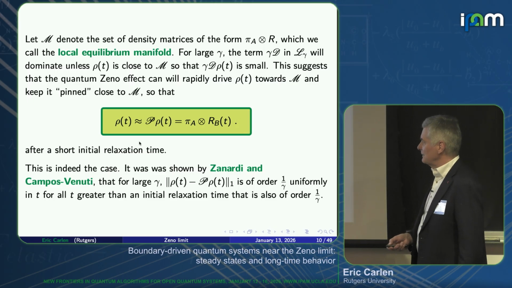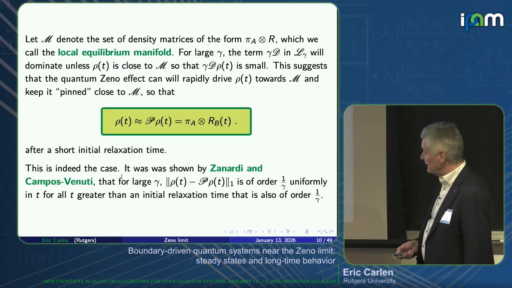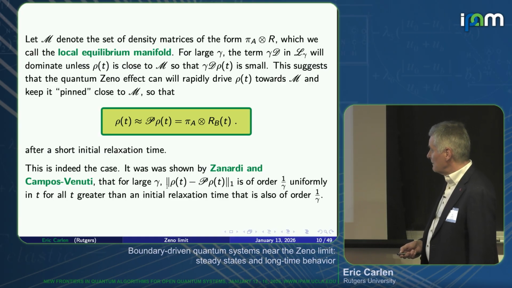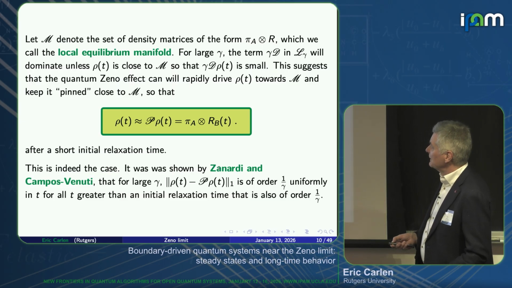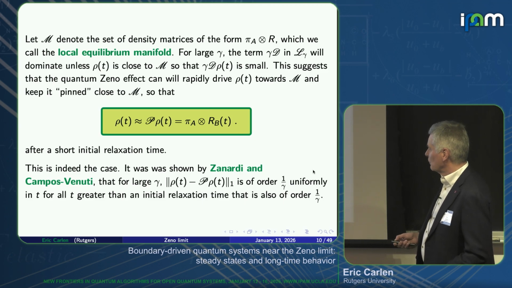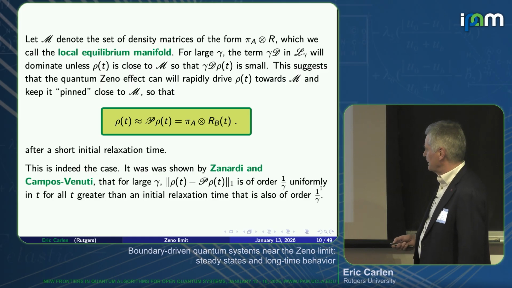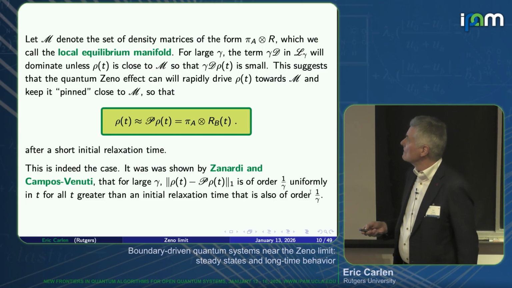This is indeed the case, and it was shown by Zanardi and Campos Venuti that for large gamma, rho of t, the solution of the full equation, minus the projected version, is of order 1 over gamma, uniformly in time for all t greater than an initial relaxation time, which is of order 1 over gamma.